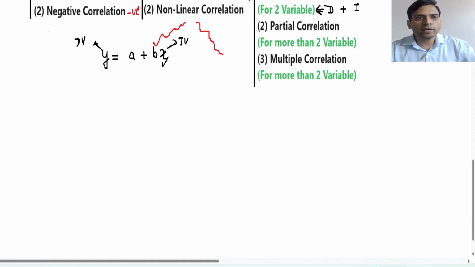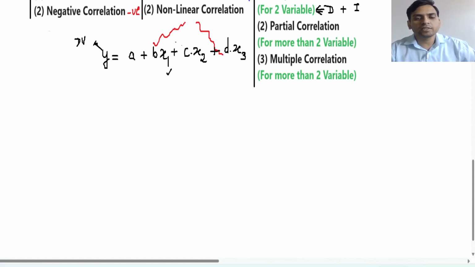Now suppose we are producing more products in the industry. Suppose first product is bed sheets, second is we are producing blankets, and third we are producing shooting shirtings. And cost of raw material per unit for bed sheet is B, cost of raw material for blanket is C, cost of raw material for shooting shirting is D. So there are three variables.